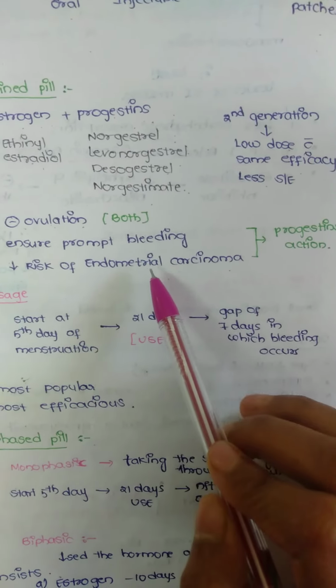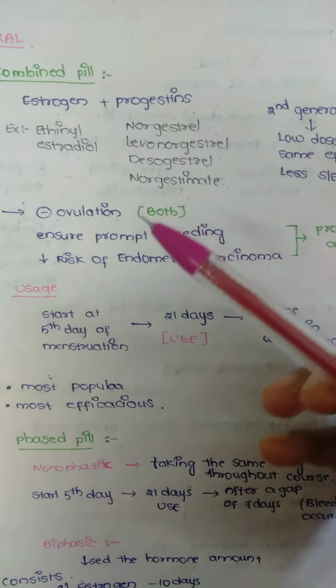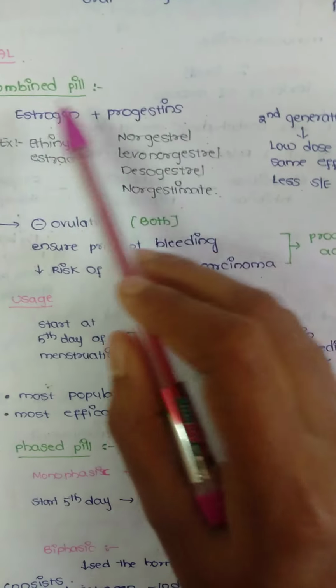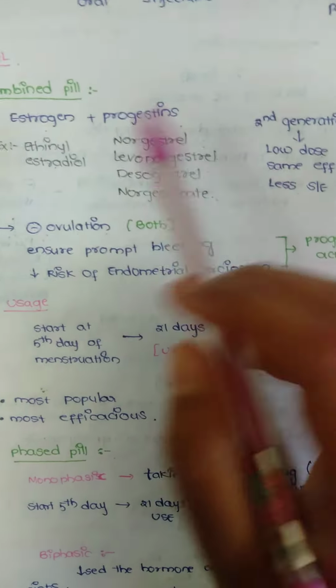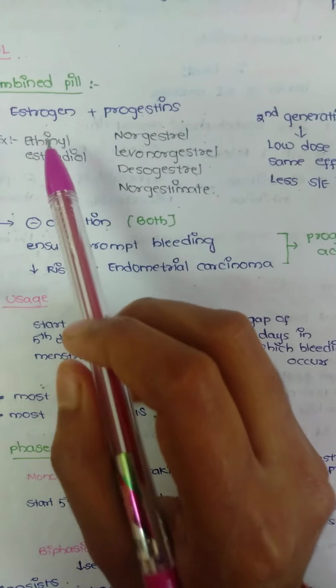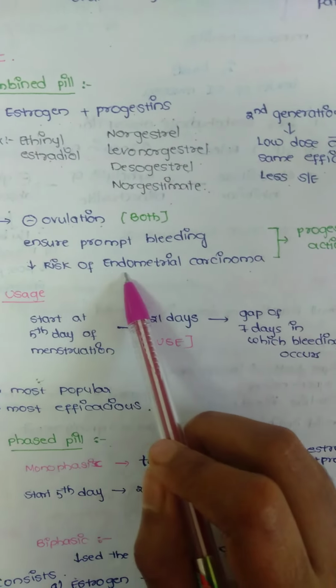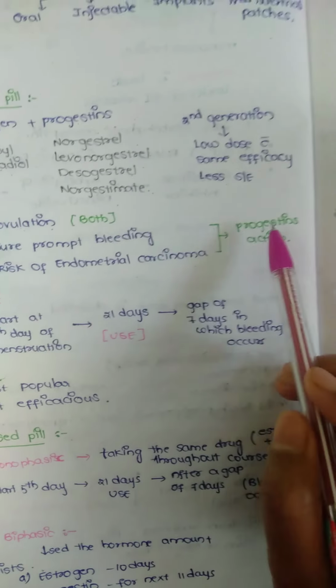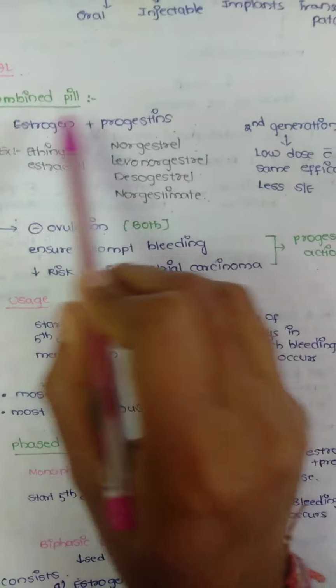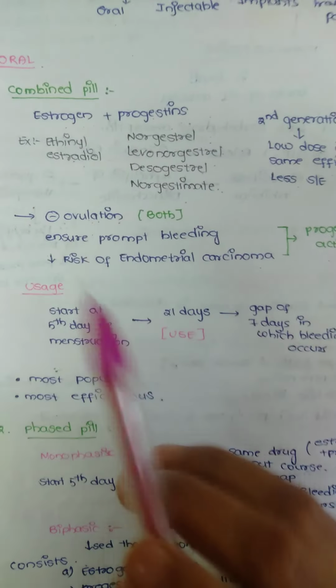This endometrial carcinoma occurs due to increase in the estrogen content. So when we combine both the drugs, the progestin will decrease the adverse effect of estrogen, like decreasing the risk of endometrial carcinoma. These two are progestin's actions, and they both combinedly inhibit the ovulation.